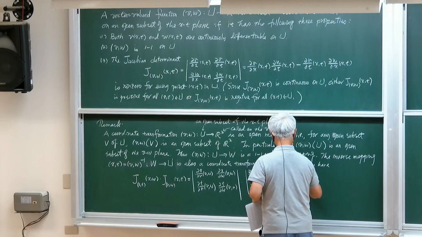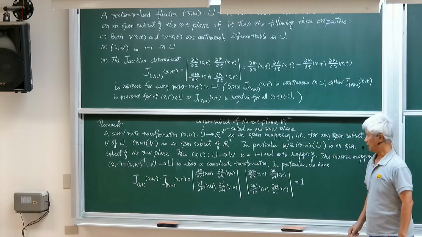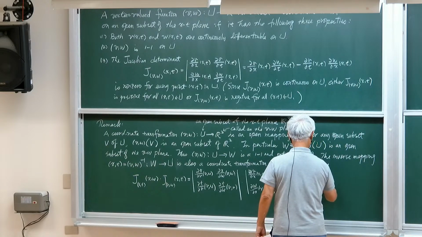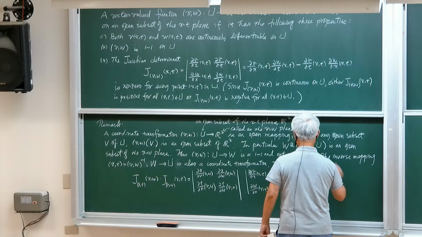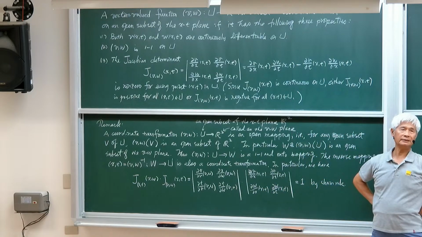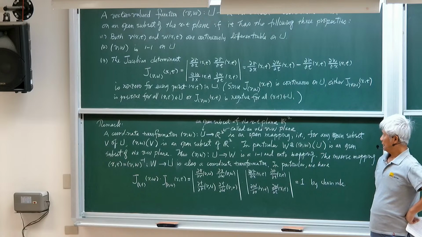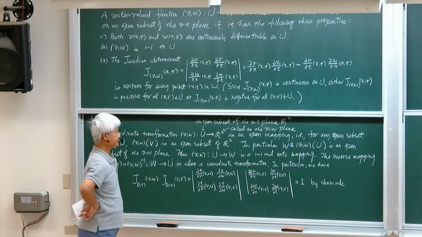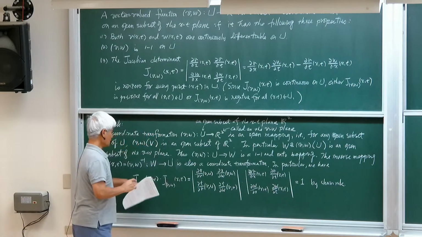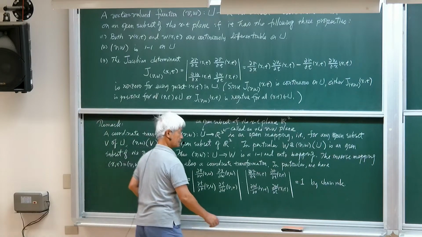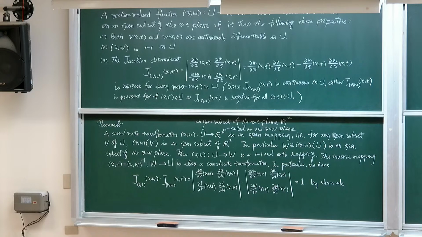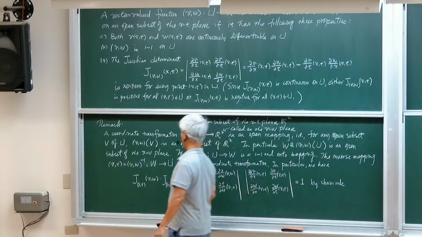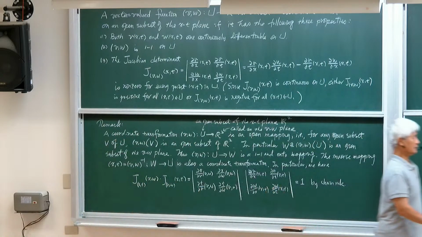Is equal to 1. And this can be done by the chain rule, okay? So we have that, and this Jacobian, of course, can be expressed in terms of xt by this substitution.